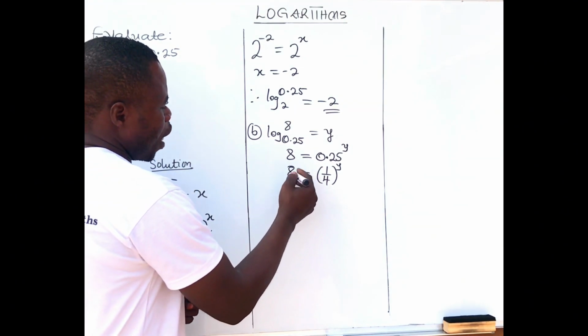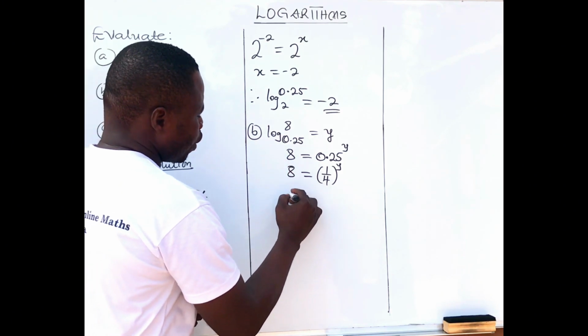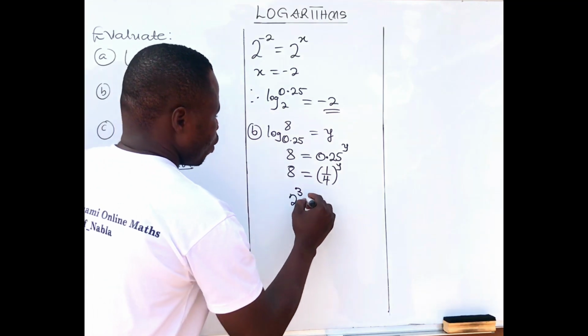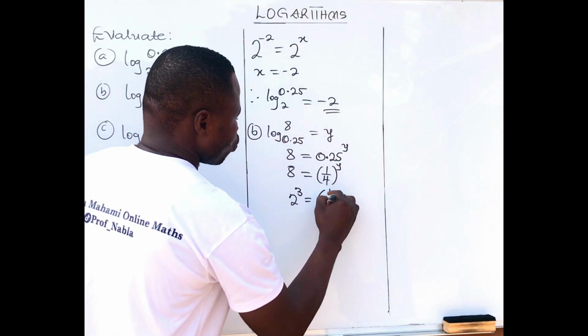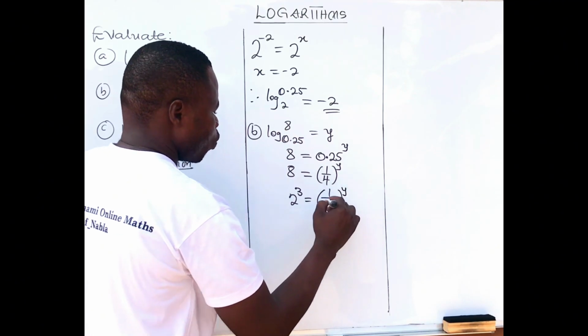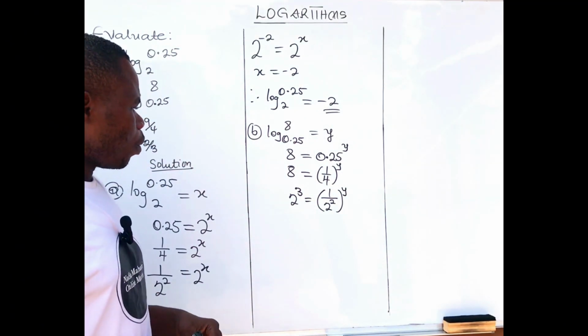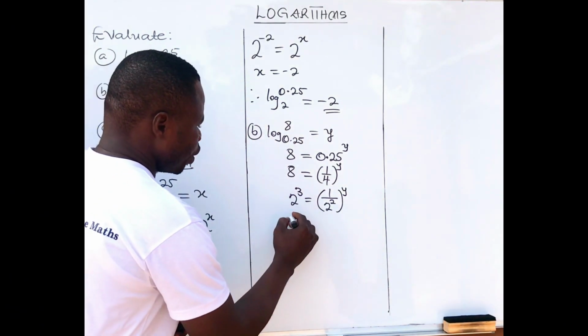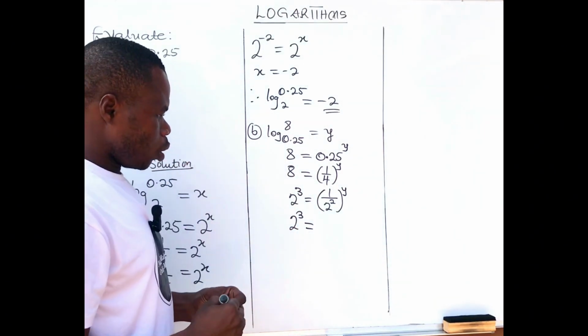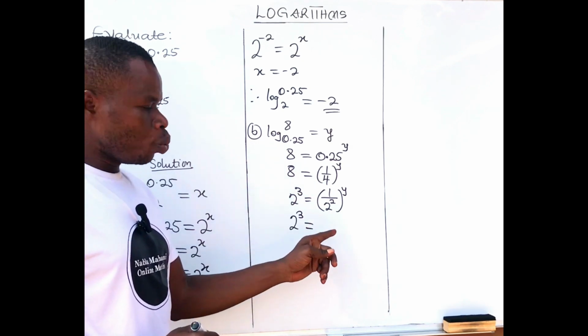And from here, I can now say that 8 is the same thing as 2 exponent 3. And 1 over 4 is the same thing as 1 over 2 exponent 2, all exponent y. To continue, I have 2 exponent 3 is equal to this 1 over 2 square.